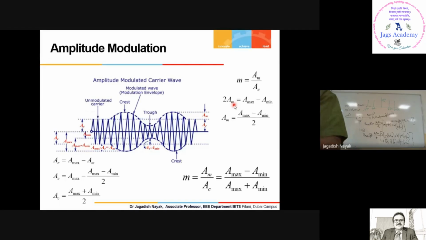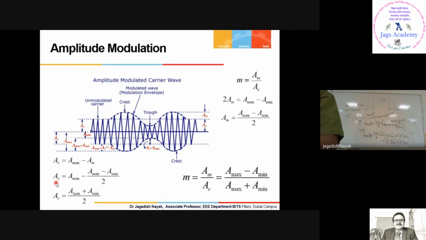So you can write 2AM is equal to A max minus A minimum. Yes or no? From this figure. Similarly, AM you got. Similarly, AC is equal to A max minus AM.